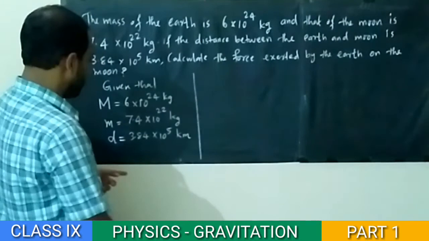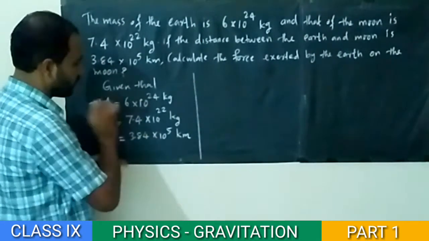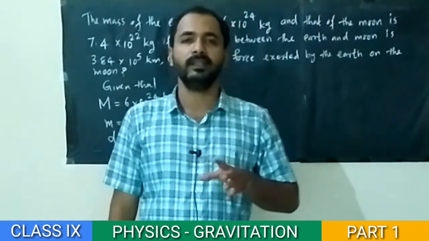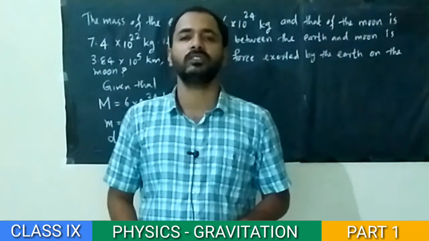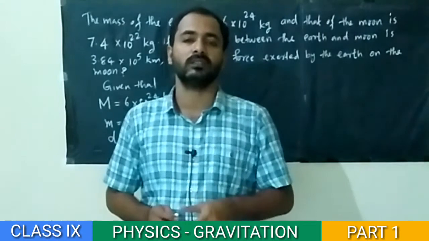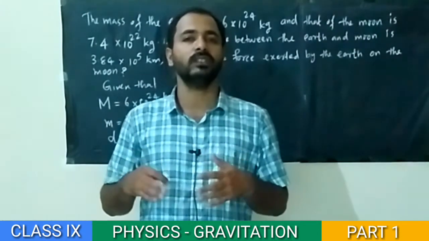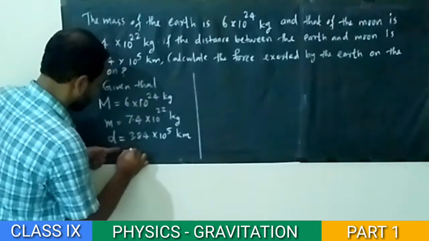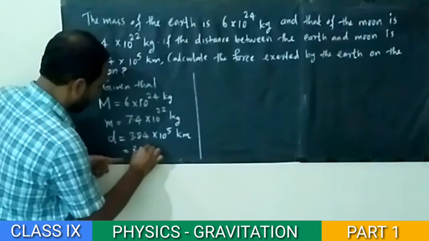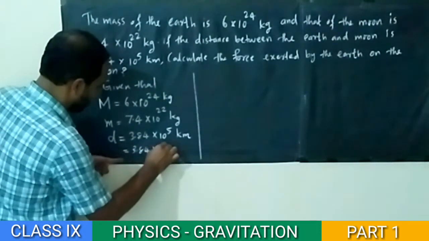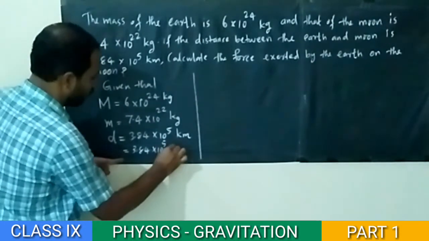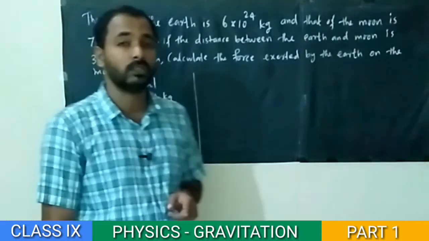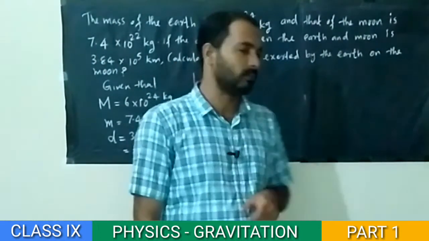The distance is given in kilometer, but the standard unit of distance is meter. So first we have to convert kilometer into meter. 3.84 × 10^5 × 1000 meter, since 1 kilometer equals 1000 meter. 1000 means 10^3, so this is 3.84 × 10^5 × 10^3 = 3.84 × 10^8 meter.